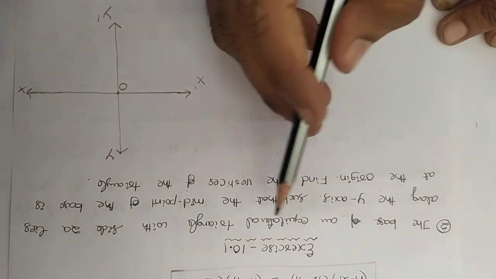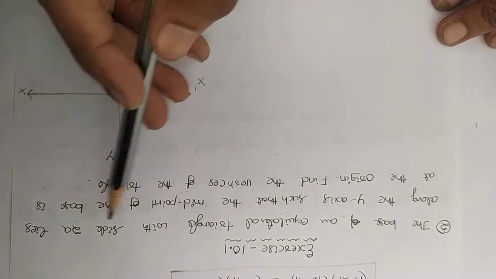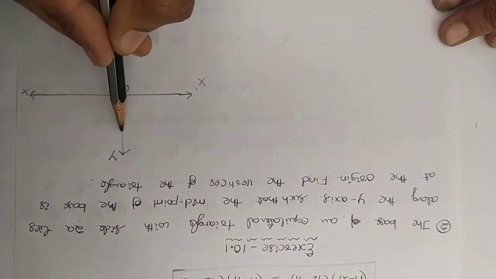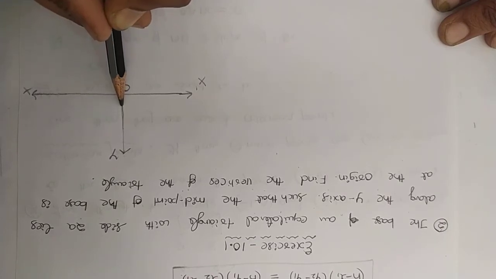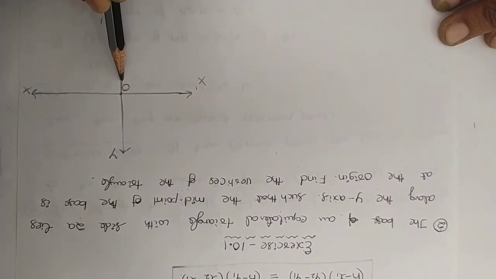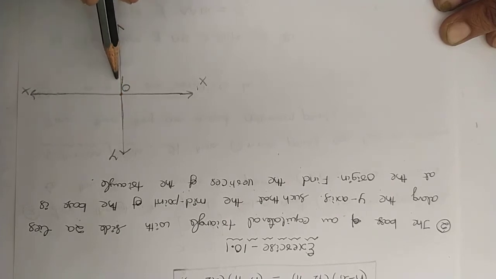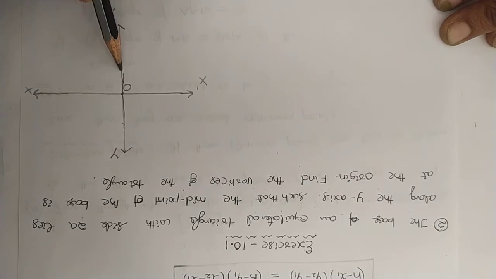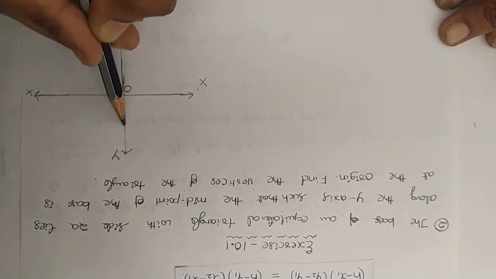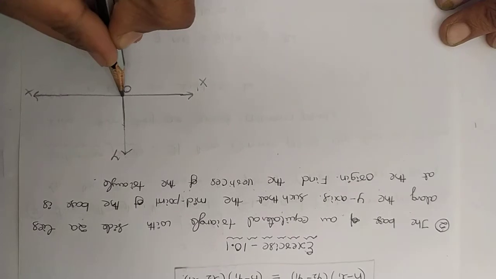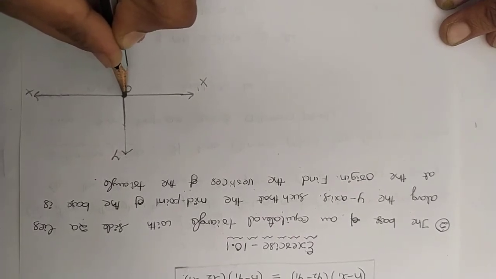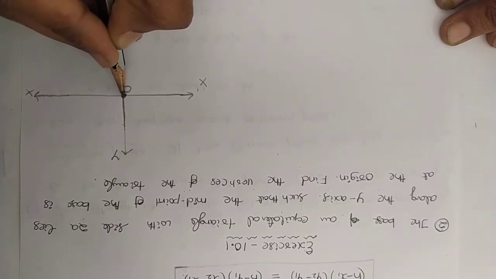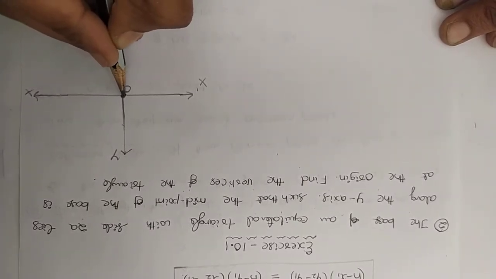The base of an equilateral triangle with the side 2a lies along the y-axis. That triangle base lies along the y-axis like this, such that the midpoint of the base is at the origin.